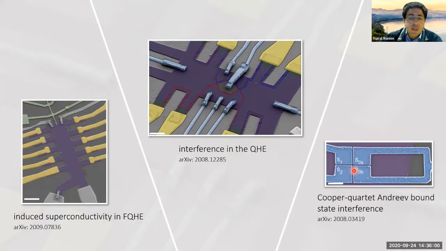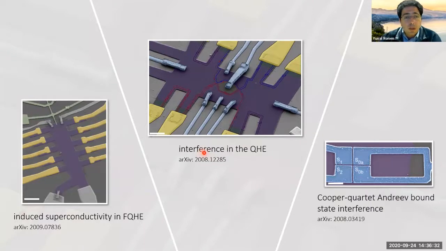The main idea of this experiment was, you can think about the Bloch band structure in a crystal, which is a band structure in the phase space of Kx, Ky, Kz. Here there is a band structure of Andreev bound states in the phase space of phi 1, phi 2, phi 3. And the idea is to realize a topological band structure in these Andreev bound states. This is the direction that we were aiming at here.